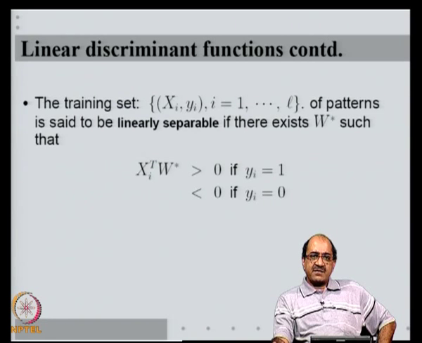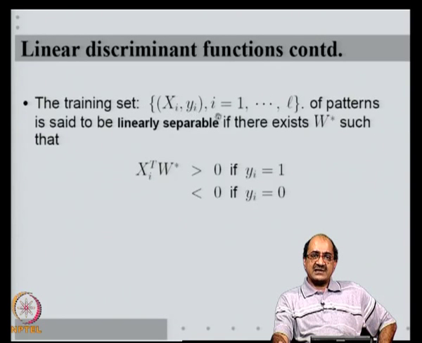In considering linear discriminant functions, there is one concept that is very important. Given a training set x_i, y_i, that is a set of patterns x_i along with class labels y_i, we say this training set is linearly separable if there exists some w star such that x_i transpose w star is greater than 0 if y_i is 1, that is x_i comes from class 1, and less than 0 if x_i comes from class 0.